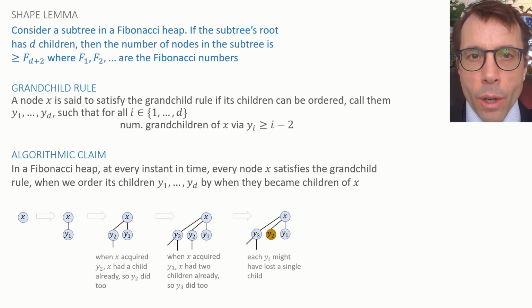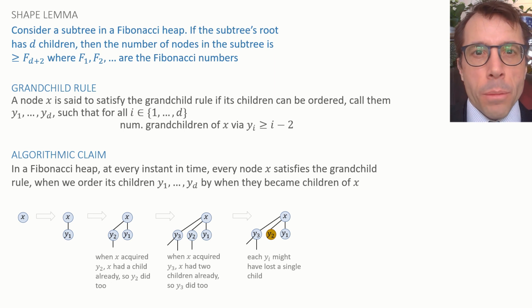So far we've just been talking about how many children each of the yi had when it was merged with x. But of course, nodes get shuffled around all the time, and some of the yi might have lost their children subsequently. But this is where the famous Fibonacci heap double loser rule comes in. If y2 loses one child, fine. If it loses two children, it gets kicked out of the tree.